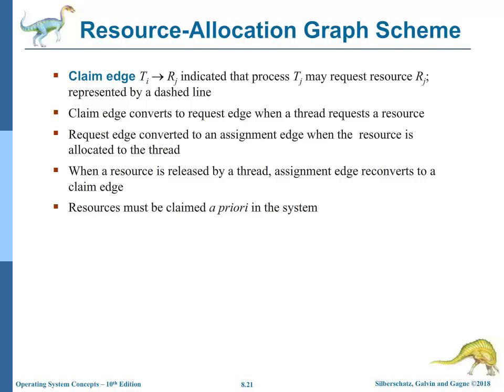Convert the dashed line to a solid line. Similarly, when the resource Rj is released by Ti, the assignment edge Rj to Ti is converted to a claim edge Ti to Rj. So the solid line is converted to a dashed line. The arrow direction also changes. Note that resources must be claimed a priori in the system.